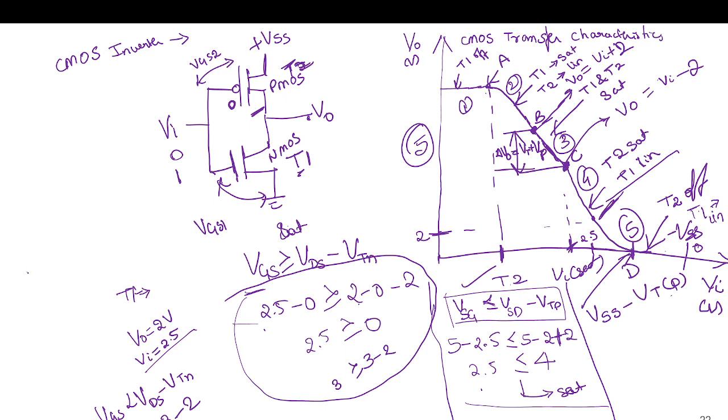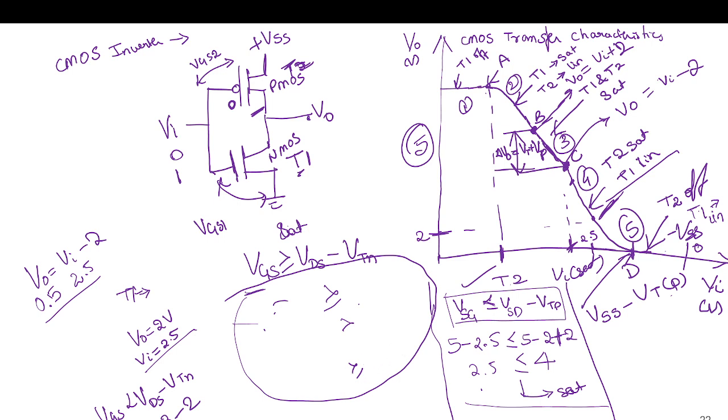In this region, the VO value is Vi minus 2. So, if I consider Vi to be 2.5, VO should be 0.5. This place somewhere, so some potential near to this. So if we take those values, I think this 2 is more.